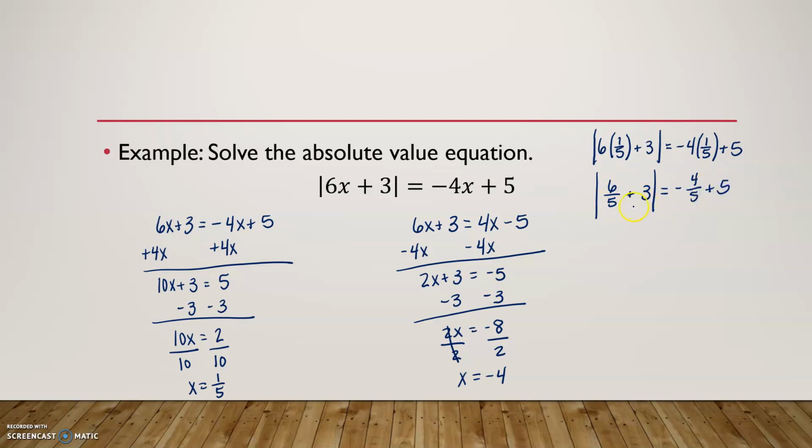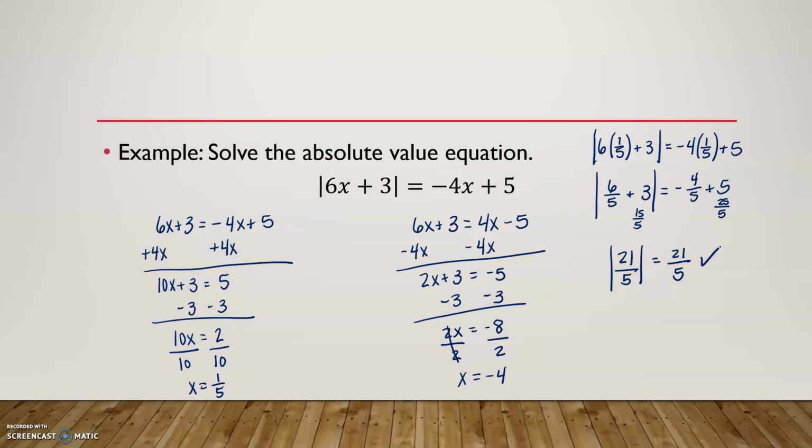So I think of this as 15 over 5. So 6 plus 15 would give me 21 over 5. And that would be the same as having 25 over 5. So 25 minus 4 would give me 21 over 5. So that means that I did this correctly.